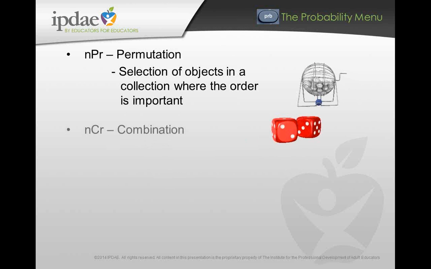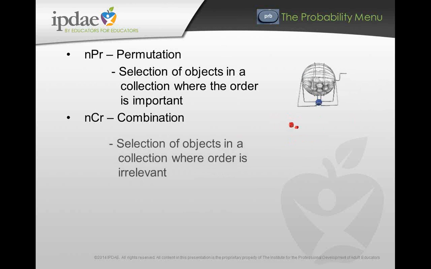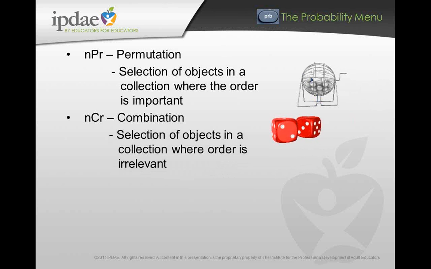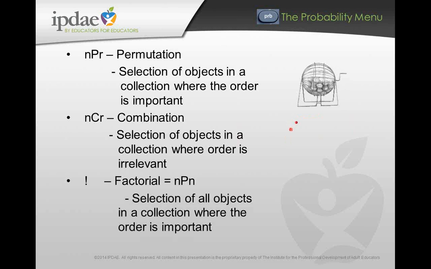When you are in the combination mode, the order in which you select objects doesn't really matter. And then you also have the factorial, which is the selection of all objects in the collection where the order is important as well.